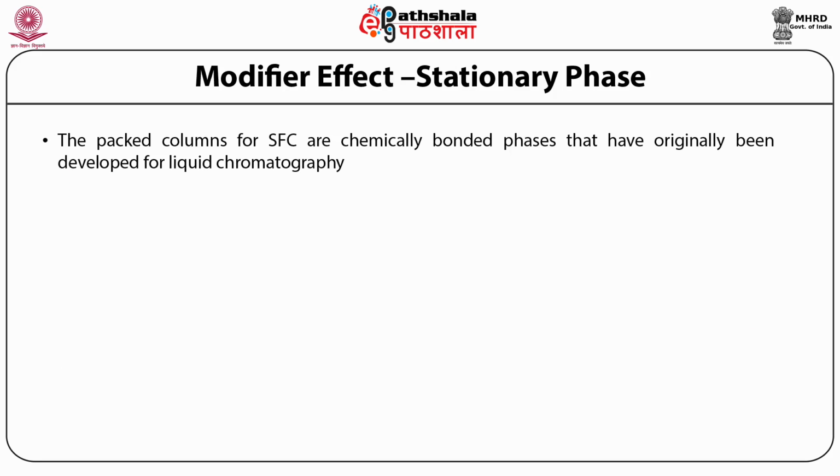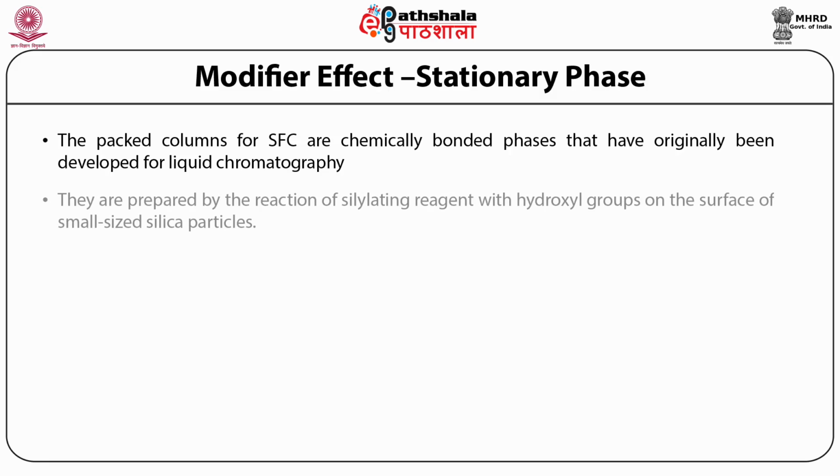The packed columns for supercritical fluid chromatography are chemically bonded phases that have originally been developed for liquid chromatography. They are prepared by the reaction of silanizing agents with hydroxyl groups on the surface of small size silica particles.